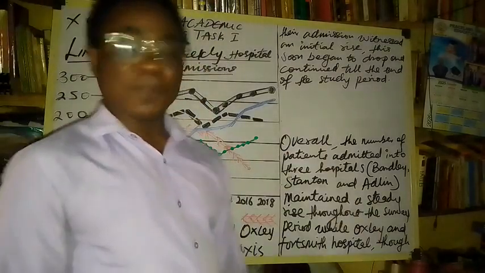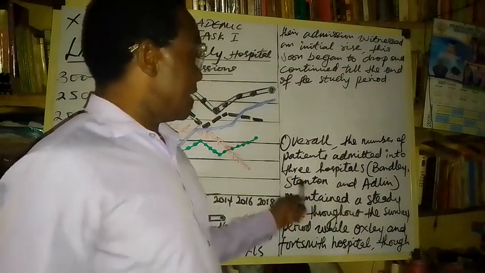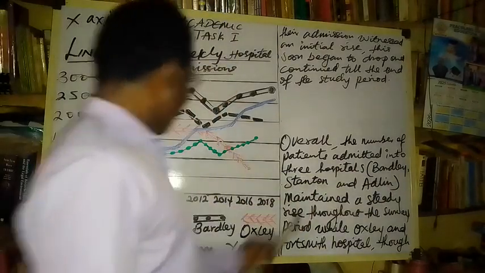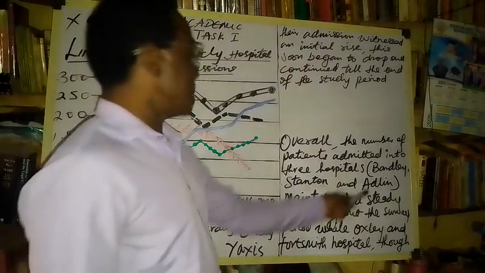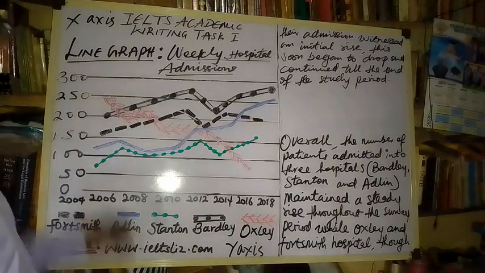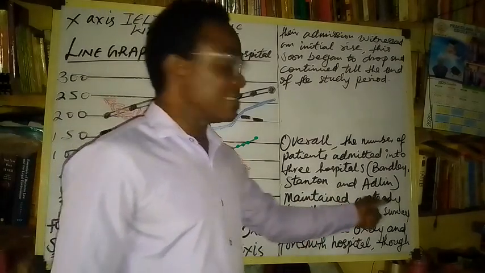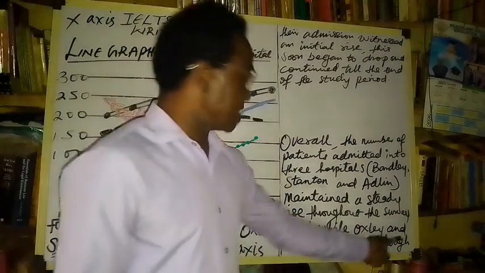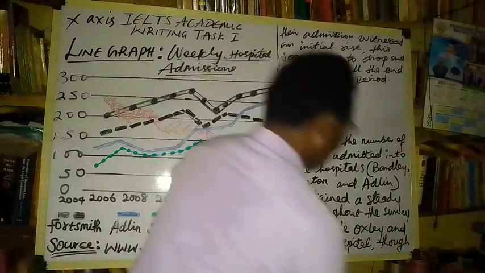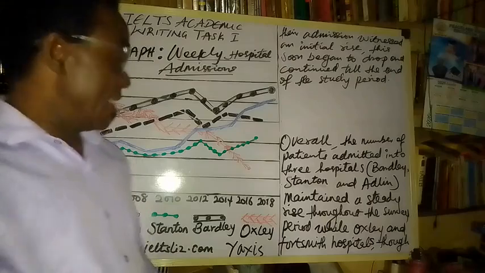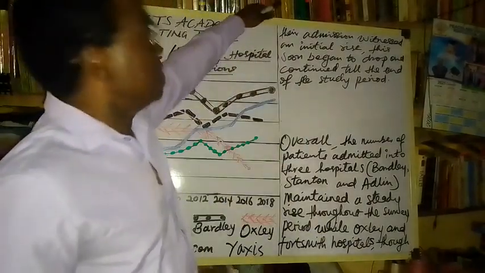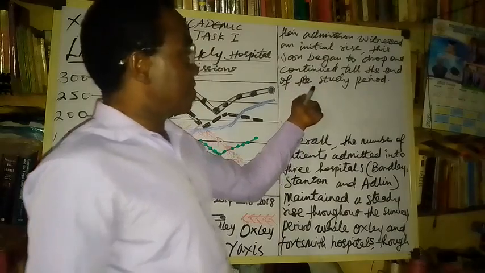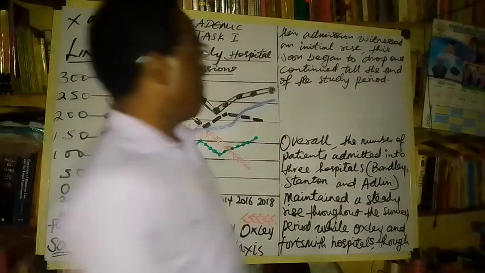Let us take a look at that second paragraph. It says, overall, the number of patients admitted into 3 hospitals, Badley, that is this, Stanton, that is this, and Adlin, that is this, maintained a steady rise throughout the survey period, while Oxley and Fordsmith hospitals, though their admission witnessed an initial rise, this soon began to drop and continued till the end of the study period.